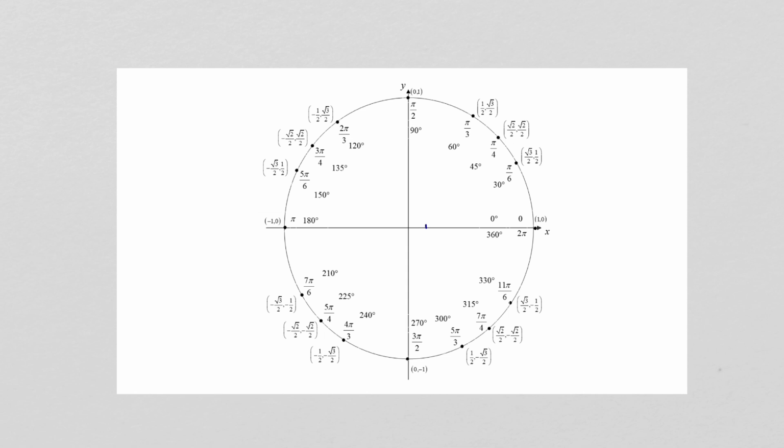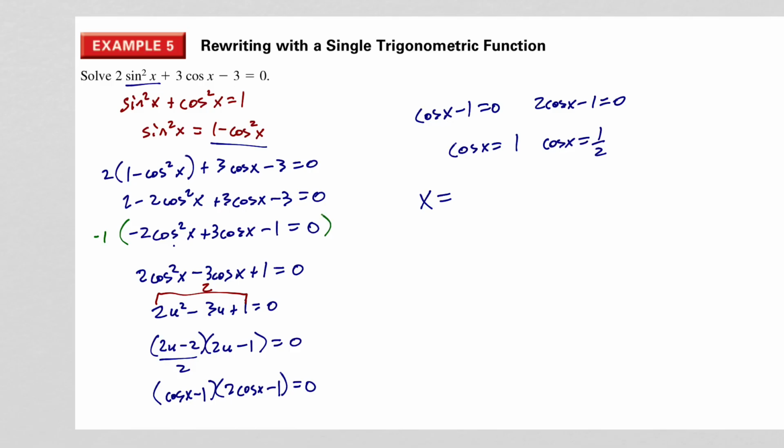So basically, any coterminal angle with this, 0 and 2 pi, that's going to give me the solution to cosine x equals 1. So I can say 0 plus 2 pi n, but I don't really need to say 0 plus 2 pi n. I can just say 2 pi n. So there's my first one.